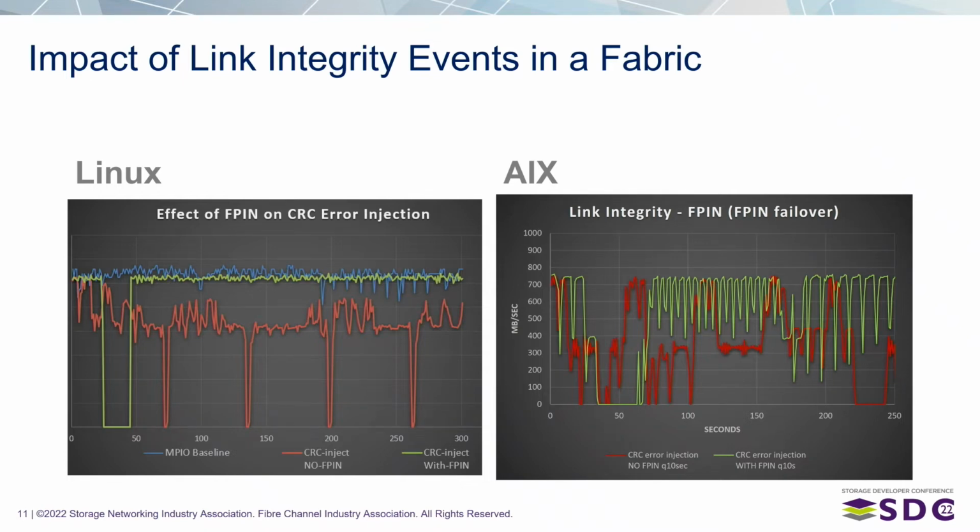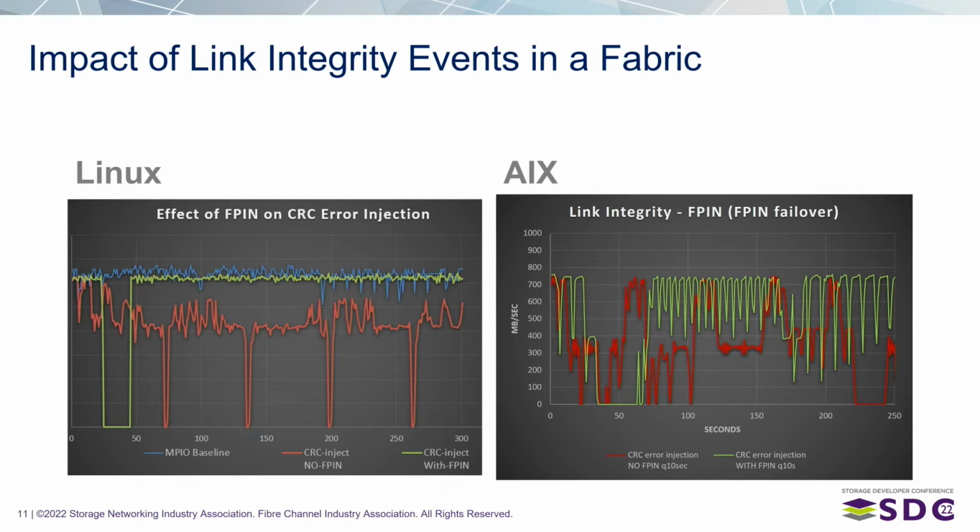AIX is just another example. We actually drilled into this one a little more closely, and the green line is just representing the nature of the test, and that is we're just shooting I/O out there at a particular rate, and that's an anomaly of the tool. But the basic pattern is still the same.